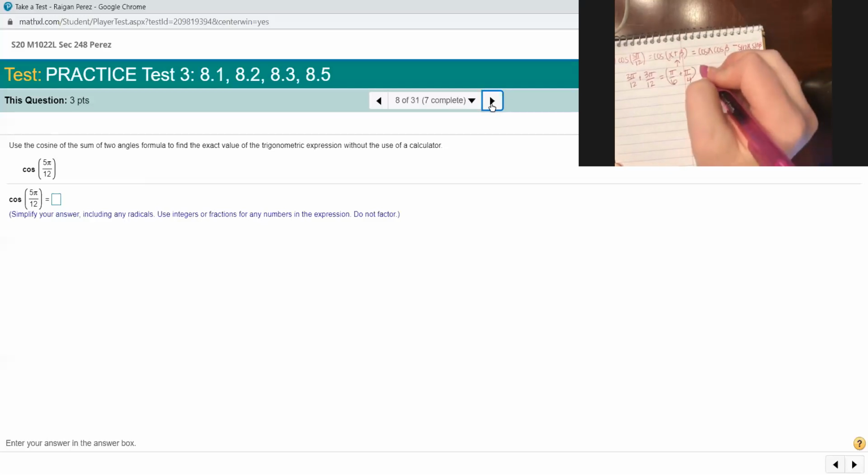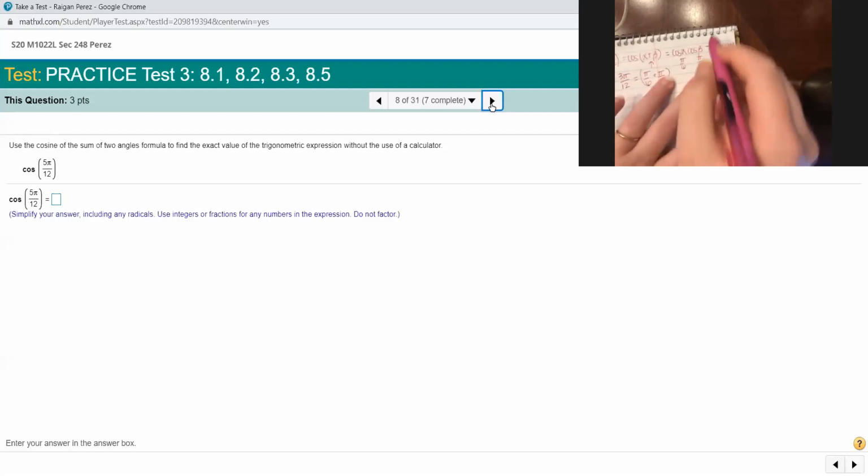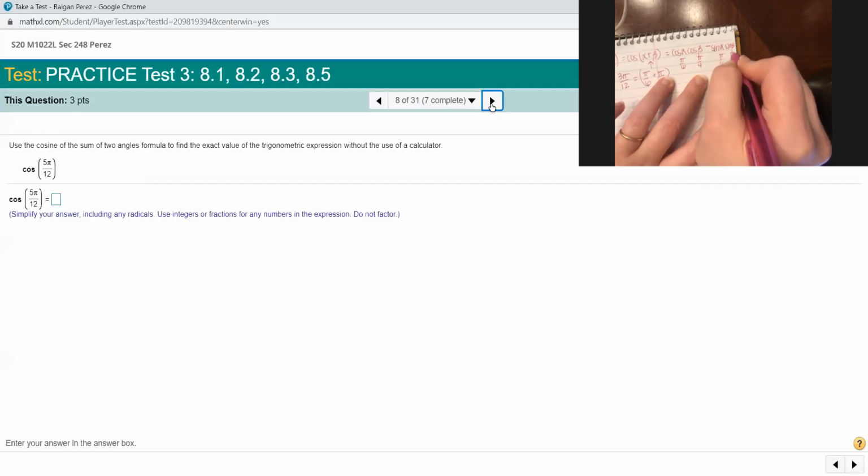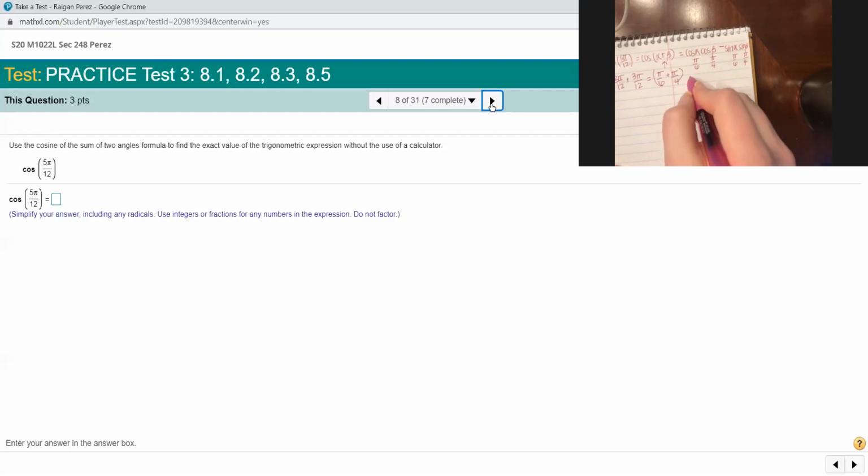Okay, so we're looking for cosine of pi/6 times cosine of pi/4, and then sine of pi/6 and sine of pi/4. Both of them are in quadrant 1, so everything's going to be positive. Okay, these are both 1/√2.